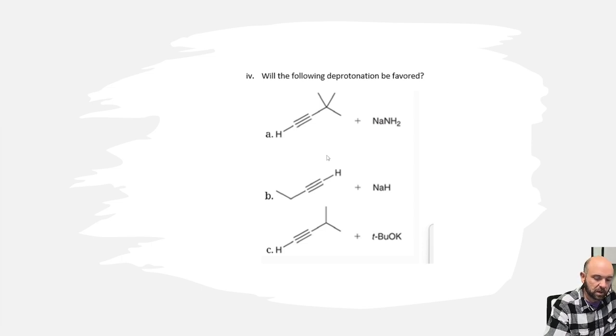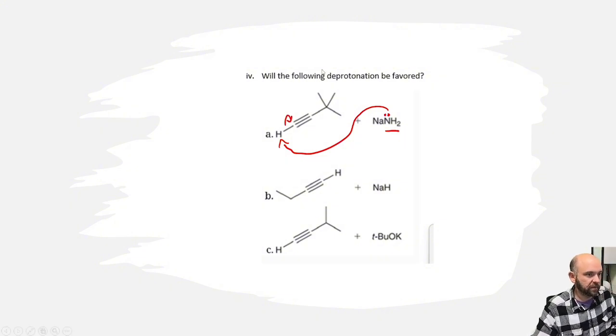And so in both of these cases, A and B, we would see that the NH2 ion specifically would be able to deprotonate that hydrogen, and the 2 electrons would be donated there in that case, forming an acetylide ion.